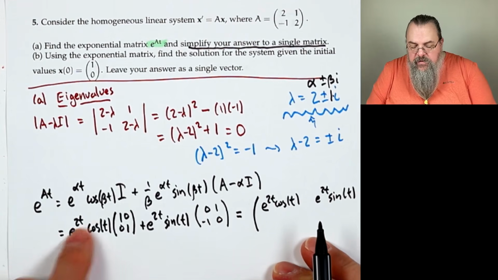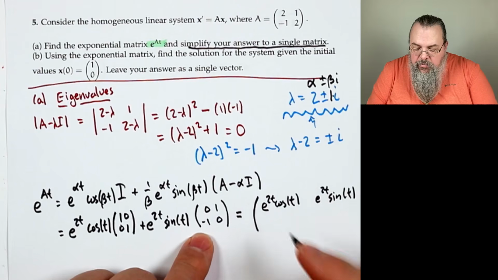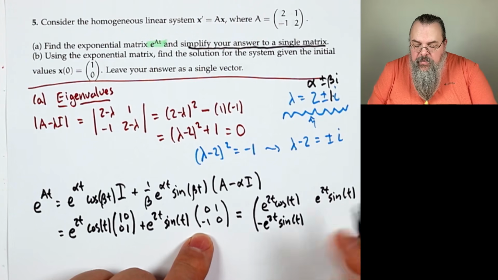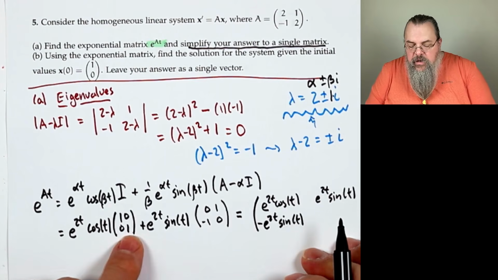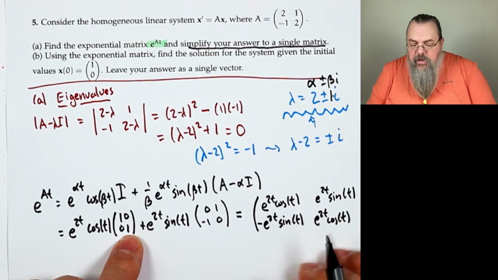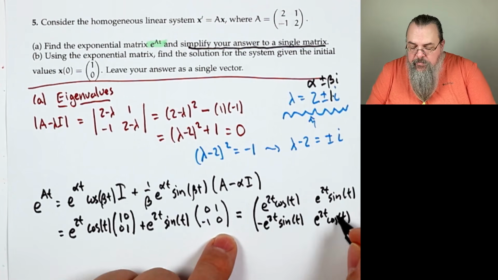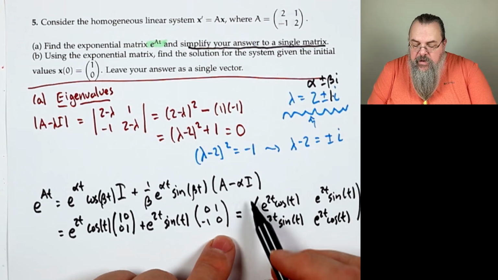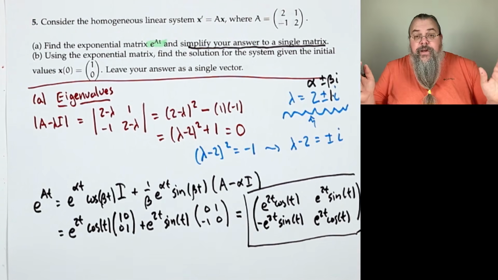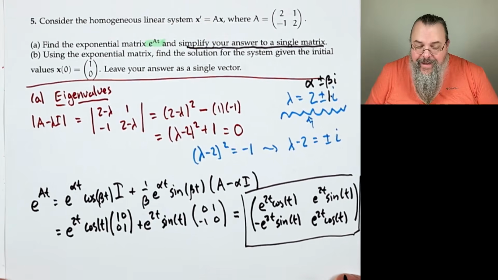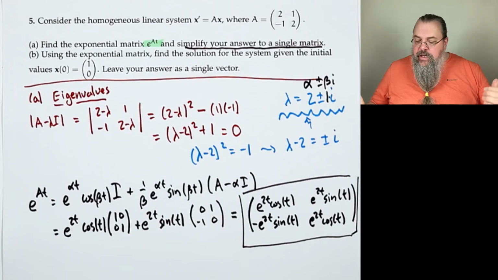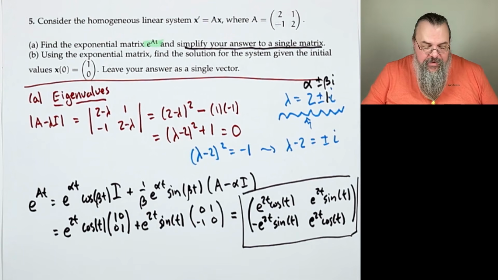Then downstairs you'd have a 0 and a minus e to the 2t sine of t. And then you'd have an e to the 2t cosine of t plus a 0. And there we go. Huzzah! That's part A. All right, so we found e to the at as a single matrix.